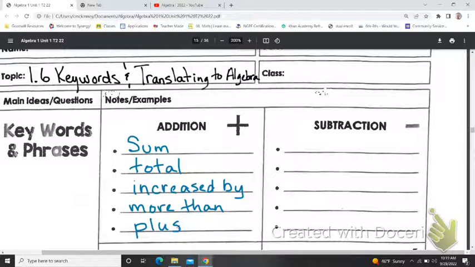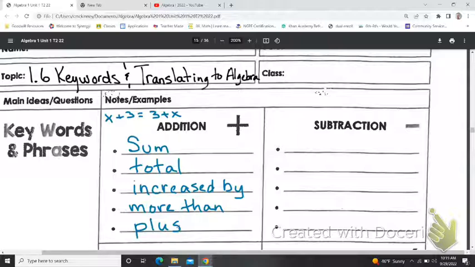And especially for addition, there are many, so you might come up with others. One thing about addition is it is commutative, which means we can change the order and it doesn't matter. So x plus 3, for example, or 3 plus x, they are the same, right? That's what I mean by commutative.